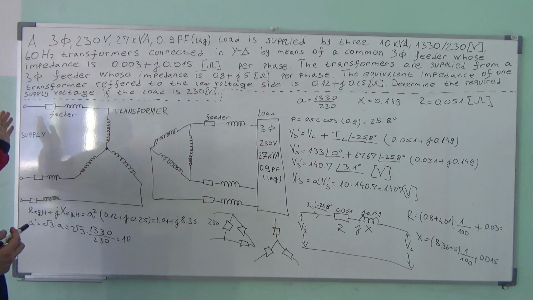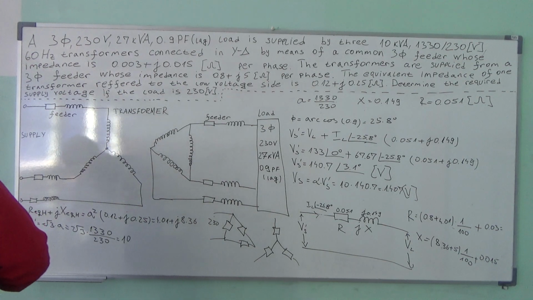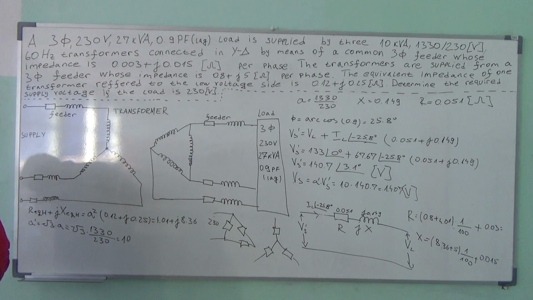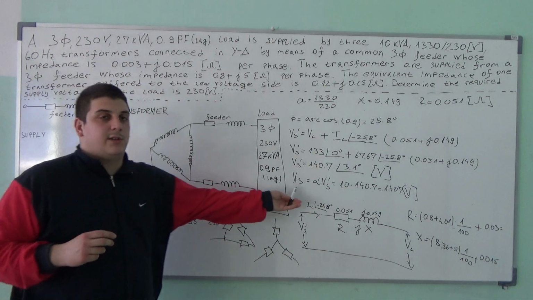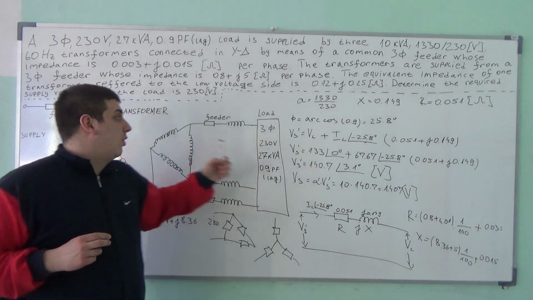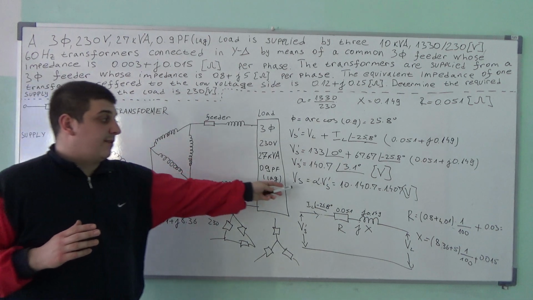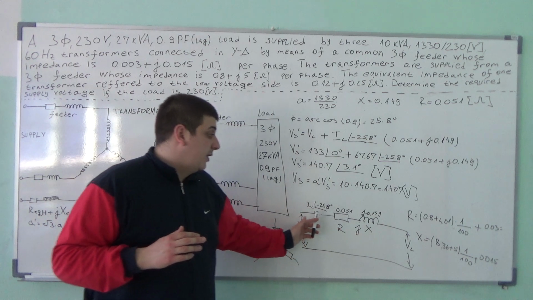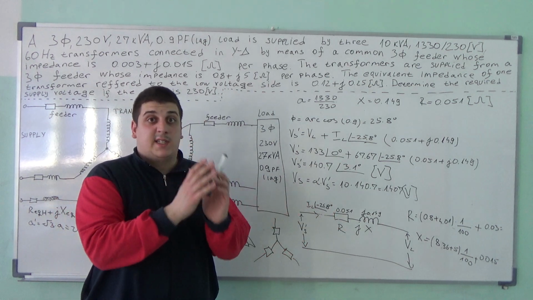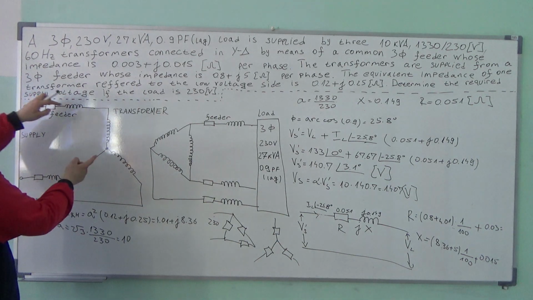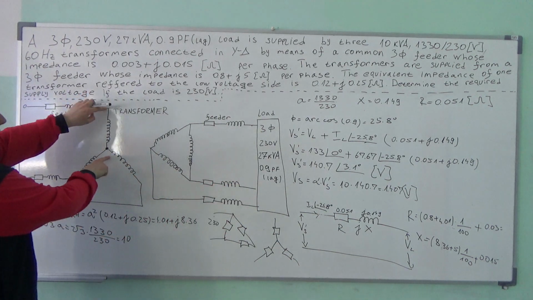So this is the, I think, line. This is the necessary line-to-line voltage. No, this is the necessary supply phase voltage. Yes, this was the phase voltage because this was all a YY bank. This VS is from here to here.